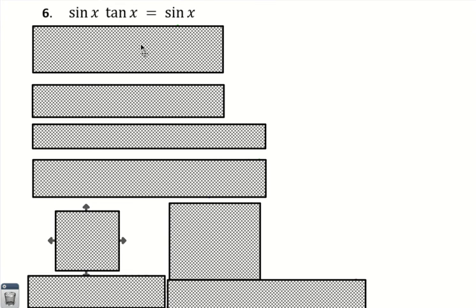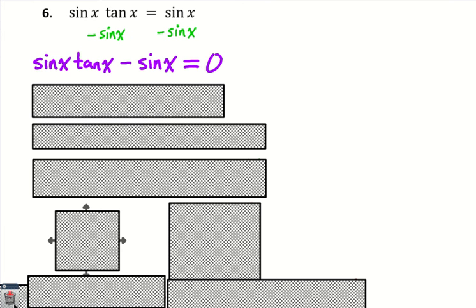This is a weird looking example, especially to you first time rookies out there. This is a pretty scary, maybe even a very intimidating example problem, but look, here's where we're at. I don't think you're just going to be able to get the sine of x by itself or the tangent of x by itself. So let's see what happens when we set it equal to 0 and see about factoring.